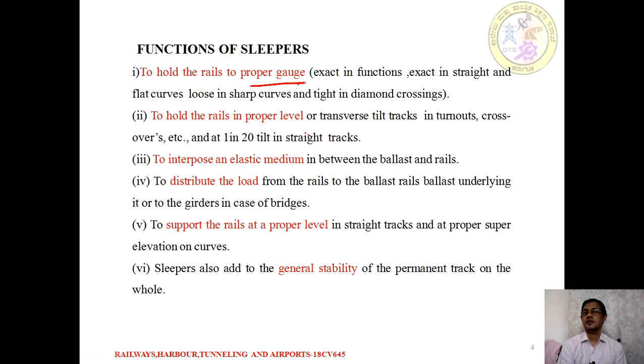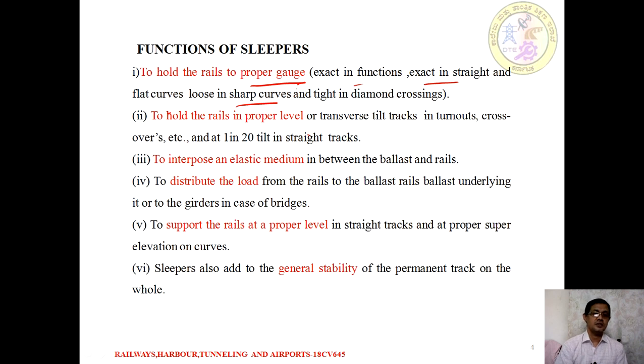It should maintain the distance between the two rails equally, on straight and curved paths and also on sharp curves. This is helpful for the easy movement of the locomotive.